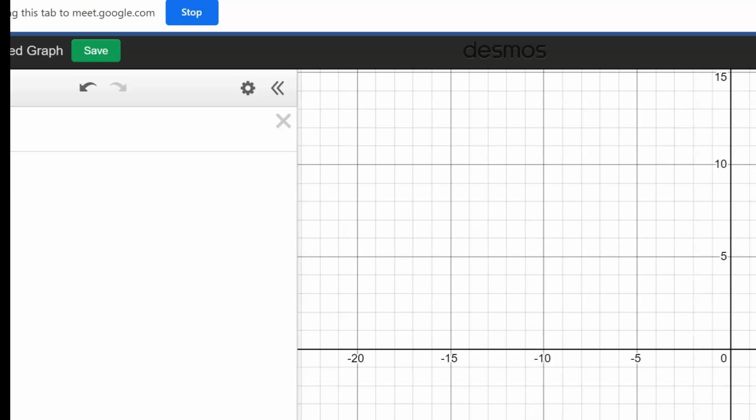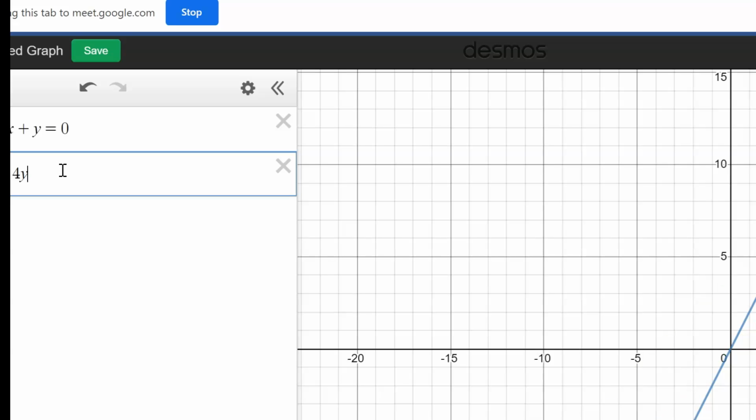So let's see what I've got. I'm going to type in here. Minus 2x plus y equals 0. 2x plus y equals 0, sorry.